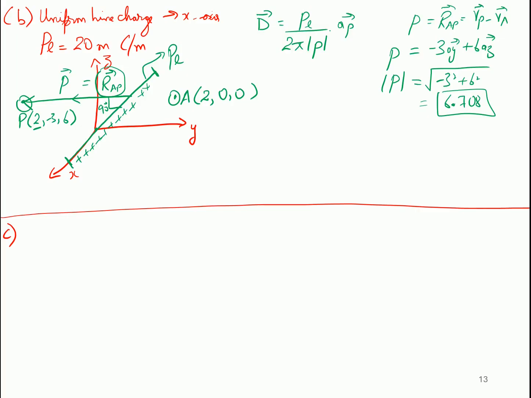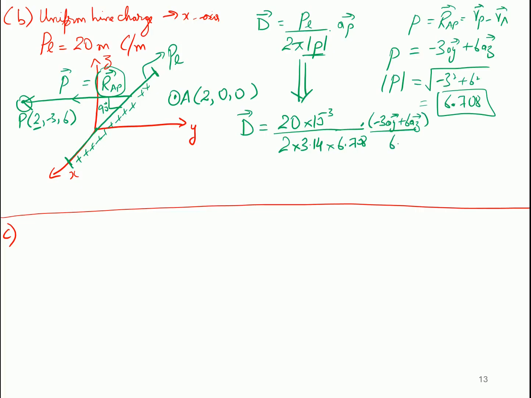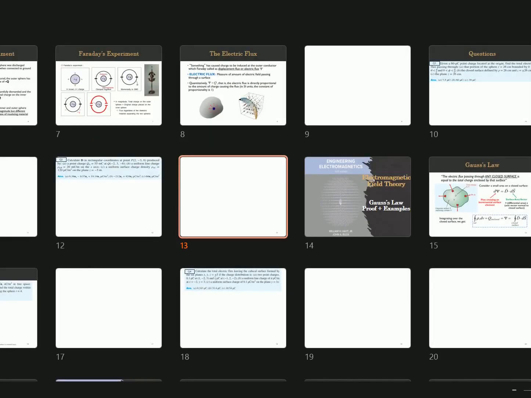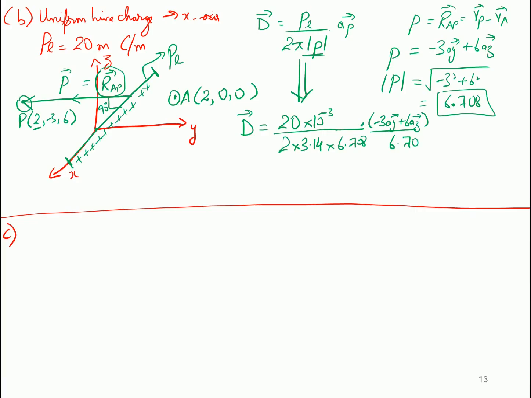We incorporate this into the equation for electric flux density. So the electric flux density comes out to be rho is equal to 20 into 10 raised to the power minus 3 divided by 2 into 3.14 for the value of pi, and then the absolute value of rho, 6.708, and then you have the unit vector, which is minus 3 a of y plus 6 a of z divided by 6.708.